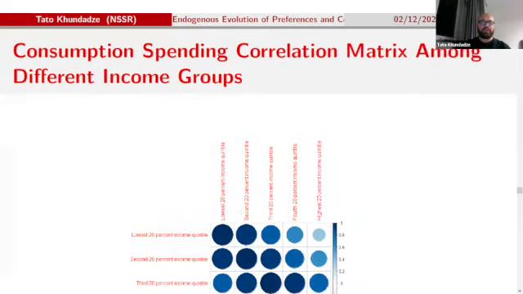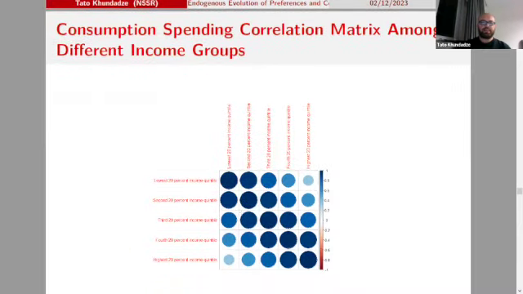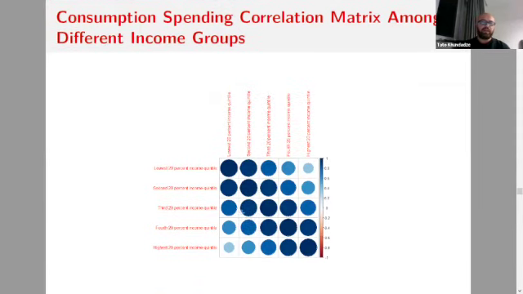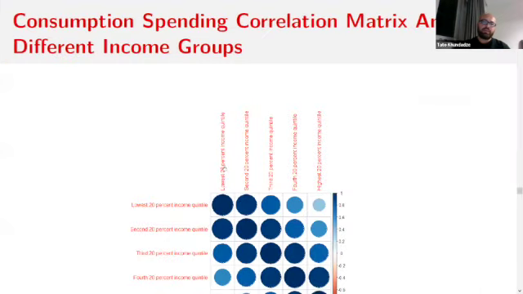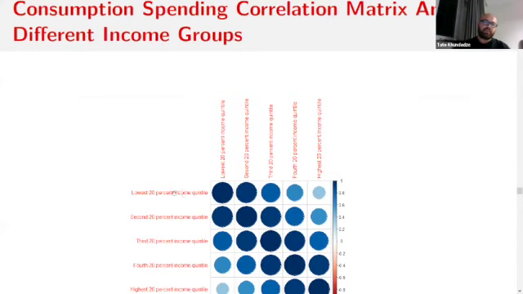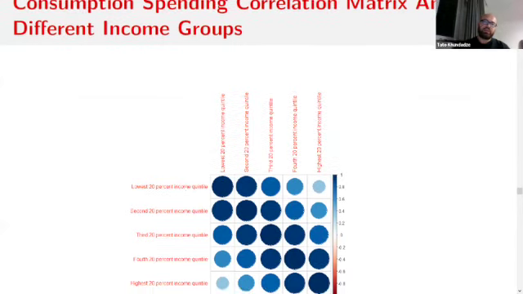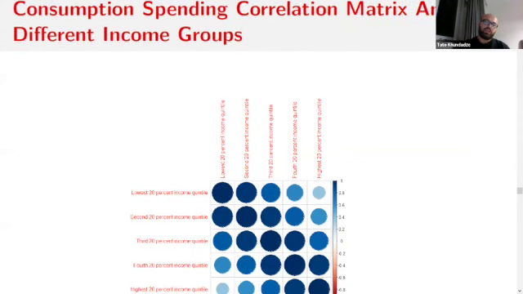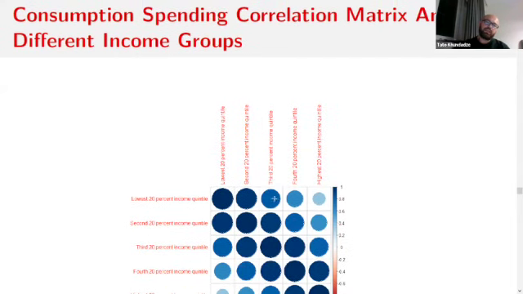The one thing in terms of the basic analysis which I wanted to show is the following. When I obtained these shares, you'll see that, maybe I should zoom in, the lowest 20% income quantile here, and these are basic correlation analyses. We see that the correlation of the lowest income quantile is higher with the second income quantile, and then it decreases.